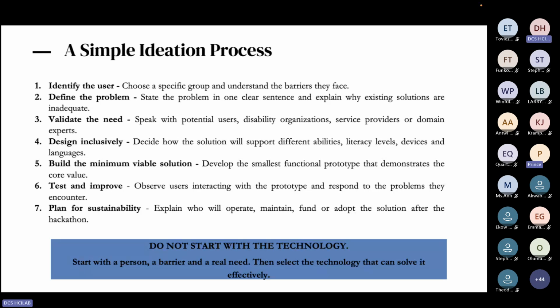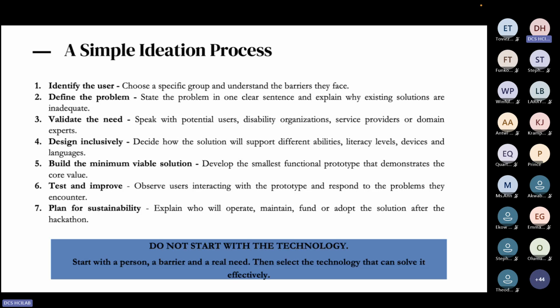In as much as your solution is meant to be accessible, you can definitely not address all the accessibility issues. In as much as you're supposed to design for people with disabilities, one solution may not be able to cover all forms of disabilities.